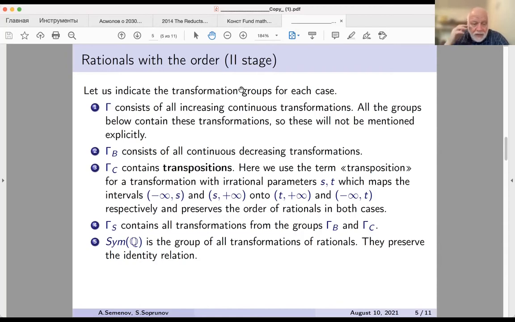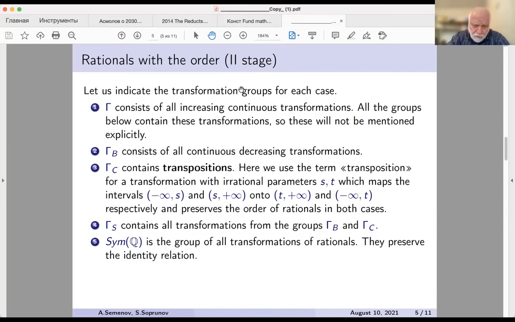Then we have Gamma S, which is generated by all transformations from the groups Gamma B and Gamma C.